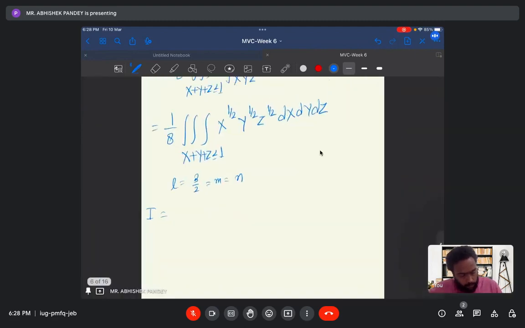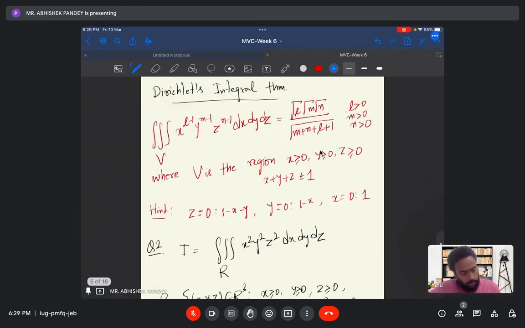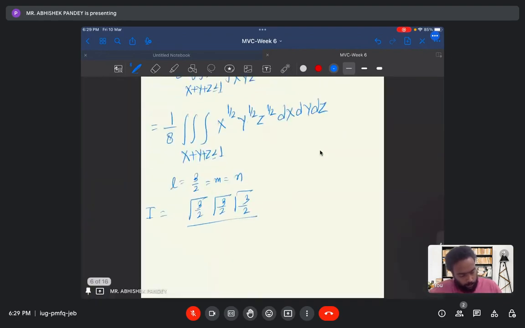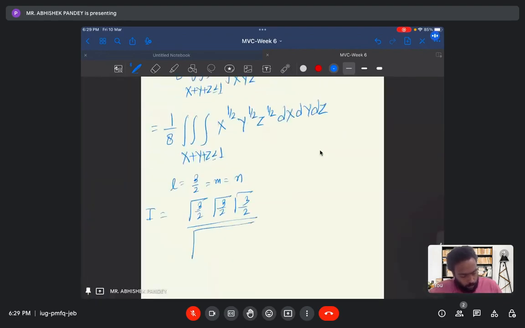So this I will become gamma of 3 by 2, gamma of 3 by 2, gamma of 3 by 2 upon gamma of 3 by 2 plus 3 by 2 plus 3 by 2 plus 1, and 1 by 8 is also there.